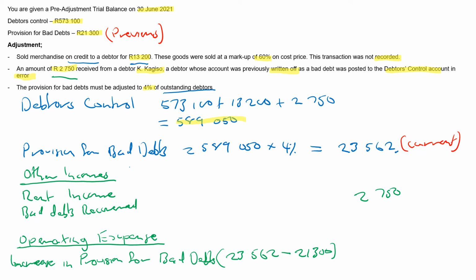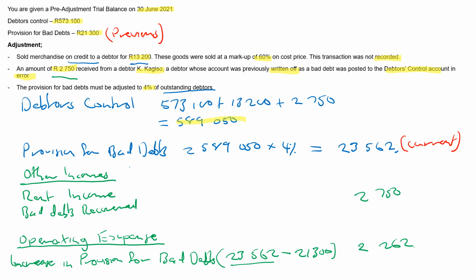That will be 2,262. So that's how you account for an increase in provision for bad debts. It's only the increase that you are paying attention to. The figure that you calculate, this figure, will form part of the provision for bad debts in the next trial balance. On the next one, when you're looking for the previous provision for bad debts, it will be the current one that you did today.